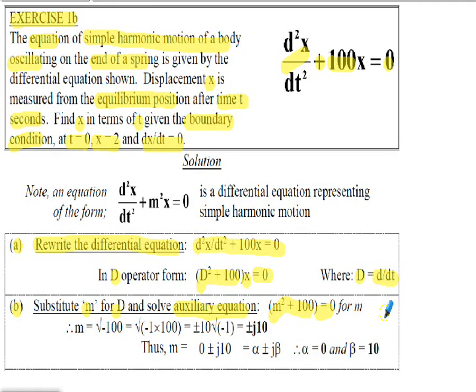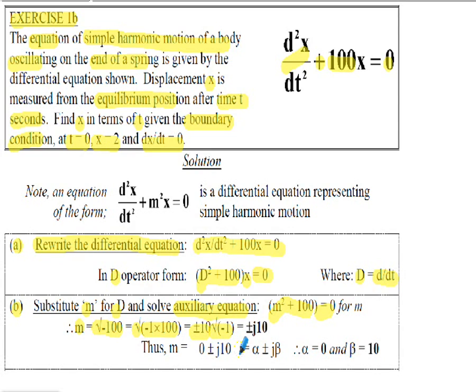Now because there's no b term in our quadratic equation, this becomes a direct solution for m. So rearranging, m is equal to the square root of negative 100, which can be written as the square root of (negative 1 multiplied by 100). Taking the 100 outside of the square root sign, we can write that as plus or minus 10 multiplied by the square root of negative 1.